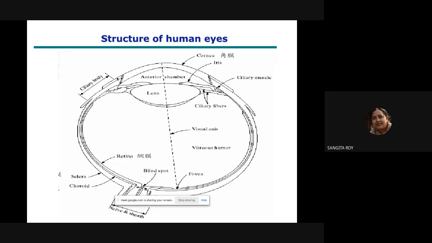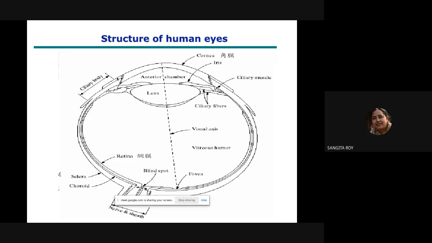Now the lens. The lens is made up of concentric layers of fibrous cells and is suspended by fibers that attach to the ciliary body. It contains 60 to 70% water, 6% fat, and more protein than any other tissue in the eye.